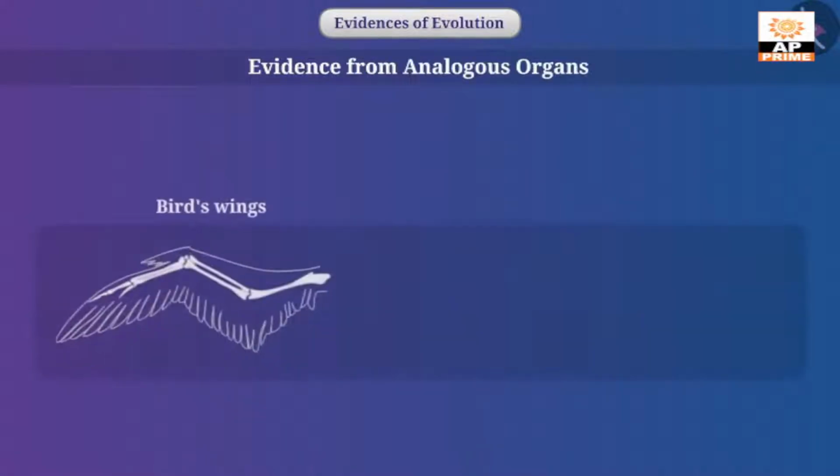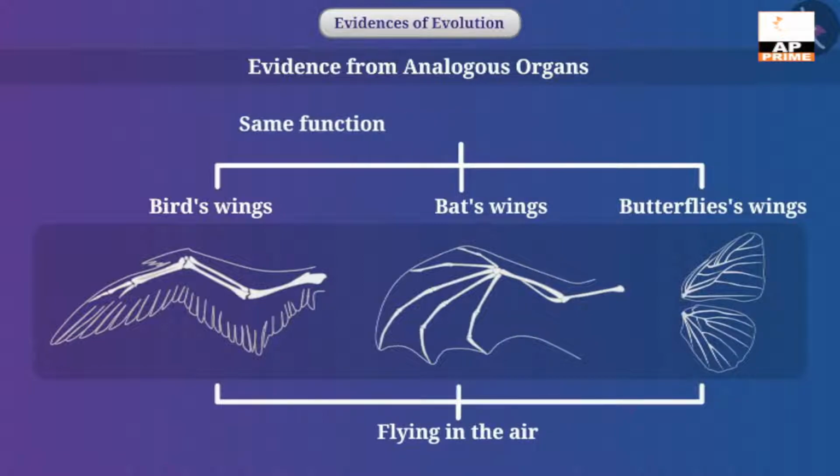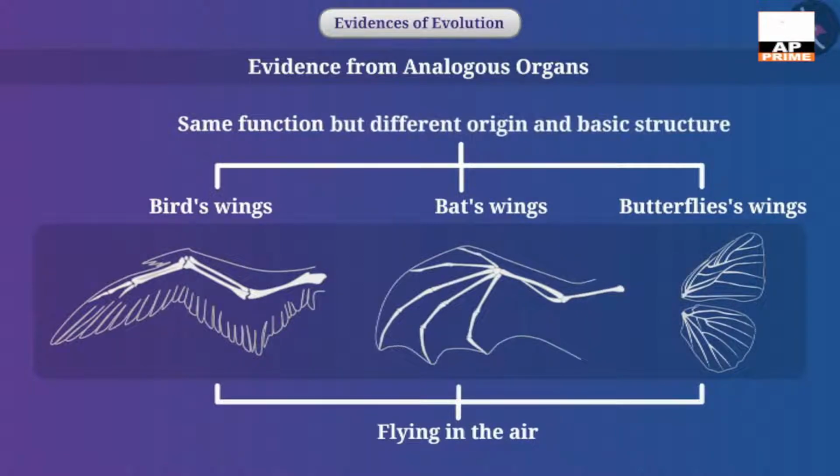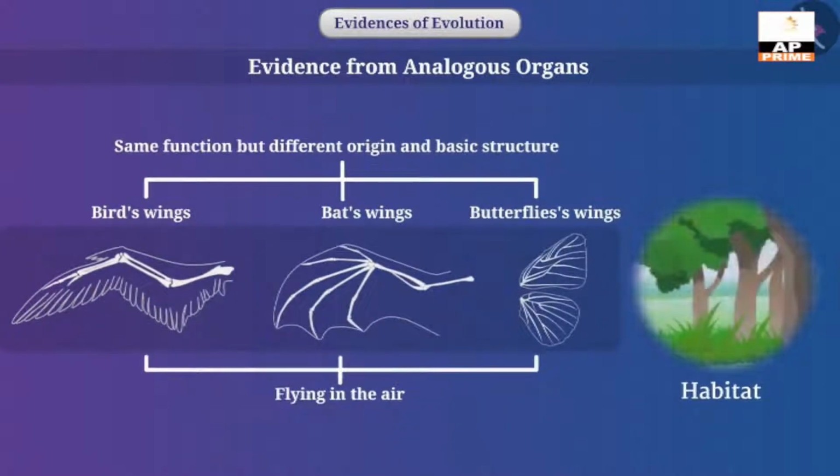Evidence from analogous organs. In birds, bats and butterflies, the wings have the same function, that is, flying in the air, but their origin and basic structure are different. When different groups of organisms have the same habitat, they develop similar structures in appearance and action, which gives them a survival advantage.